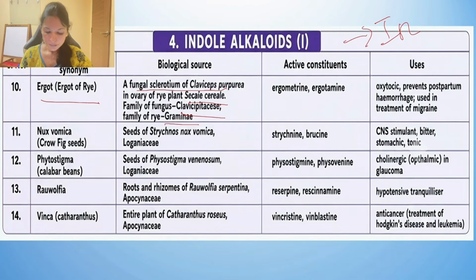Okay, and here the two major active constituents are ergometrine and ergotamine. These are well-known active constituents, the most repeated example, and the use here is as an oxytocic. It also prevents postpartum hemorrhage and is even used in the treatment of migraine headaches.